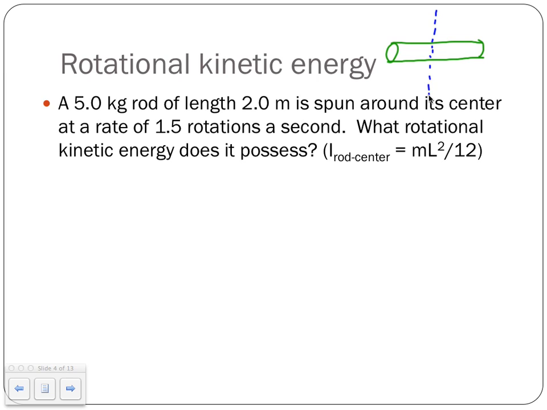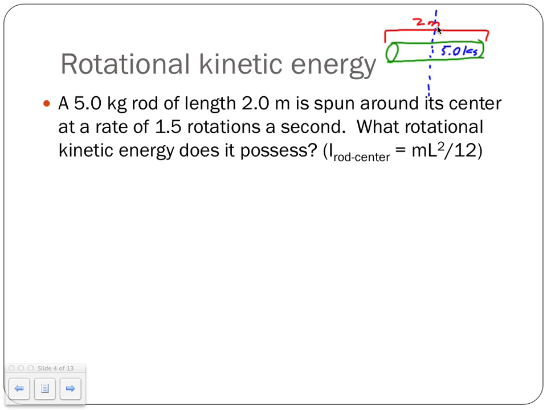That's going to be our rotation axis. The rod has a mass of 5.0 kg and a length of 2 meters. This is our setup, and the question is, what's the rotational kinetic energy?